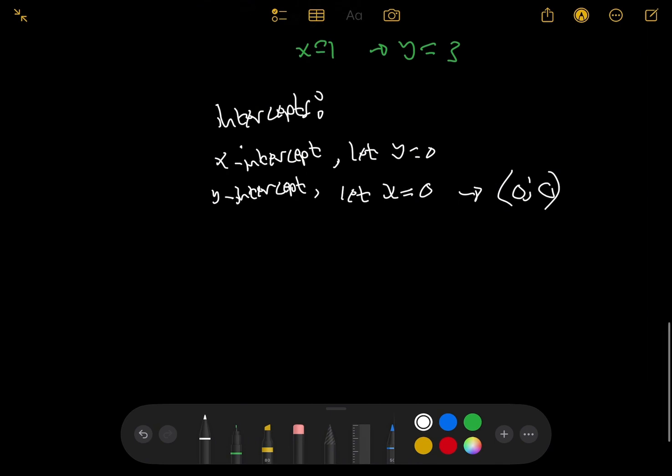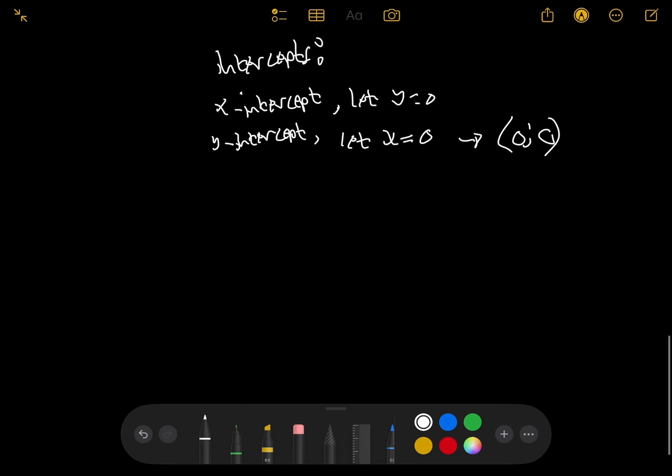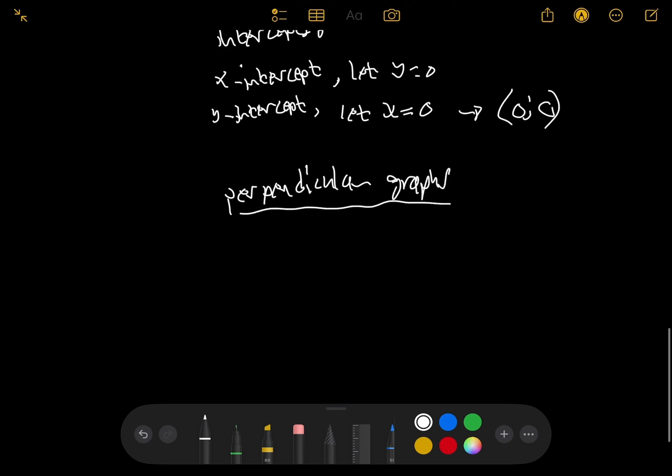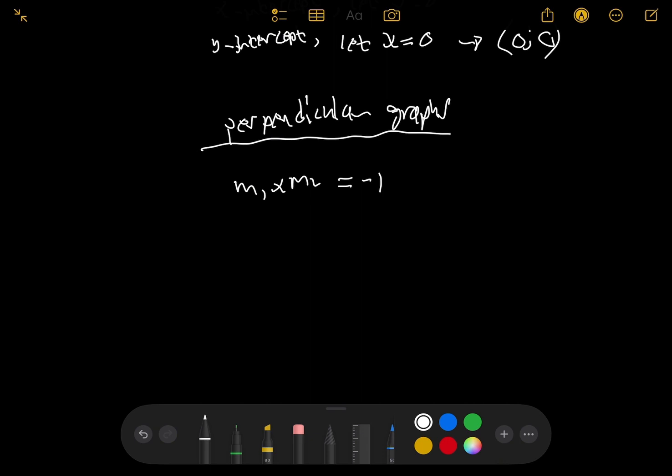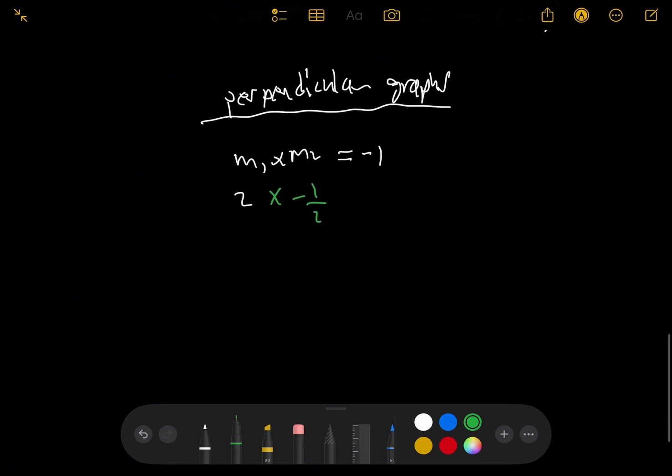Then we also had perpendicular graphs. For perpendicular graphs, we knew that the gradient of the first graph multiplied by the gradient of the second graph had to give us -1, such that if your first gradient was 2, the gradient of the second graph would have to be -1/2 for the two to be perpendicular.